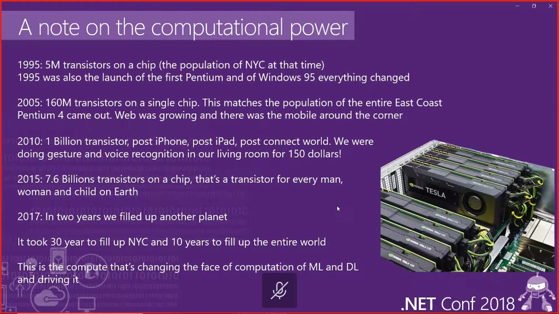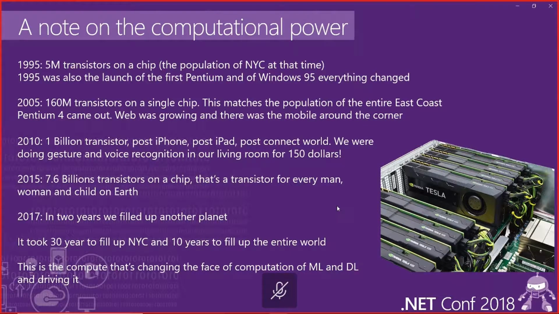In 2015, we got 7.5 billion transistors on a chip, and that's a transistor for every single man, woman, and child on Earth. How big is this growth? Two years later, in 2017, we filled up another planet.